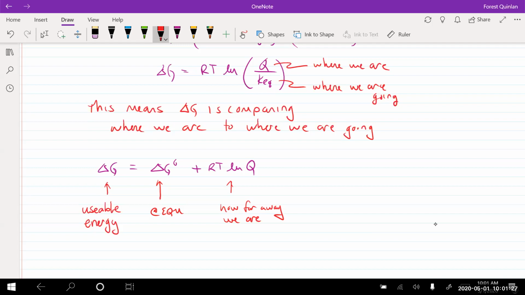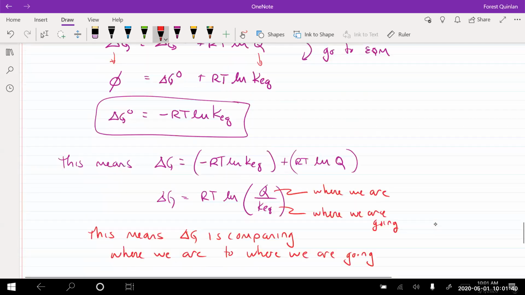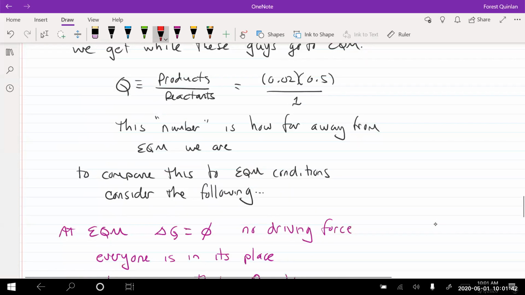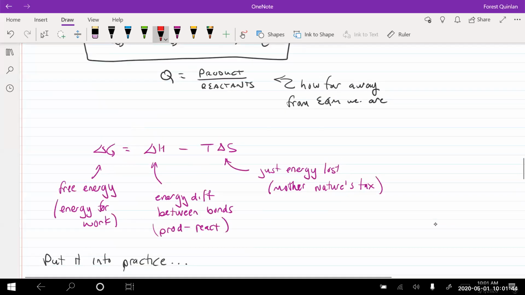Now, just because we're at equilibrium doesn't mean that there's not some sort of energy associated with that, because there's always the energy of the bonds of everything that already is at equilibrium and the measure of the disorder of the system, going right back up to this guy right here.